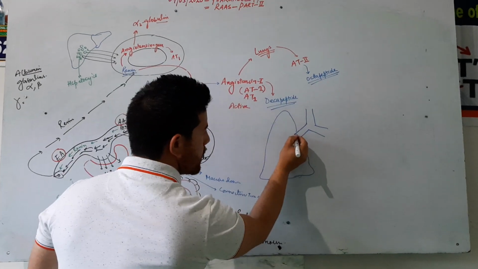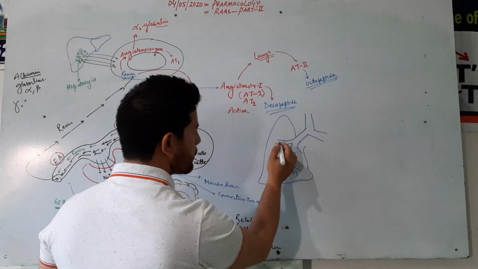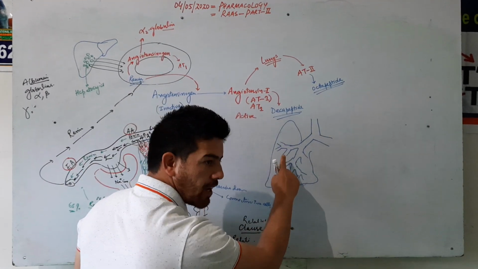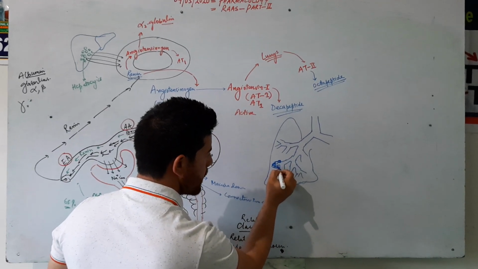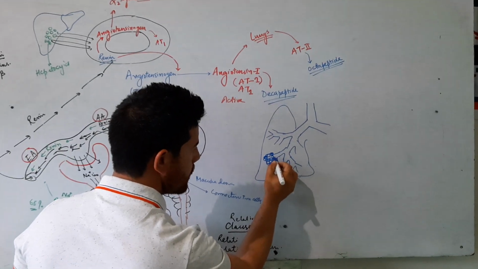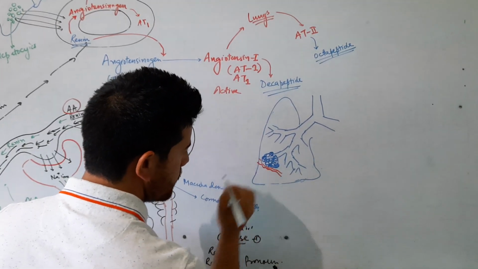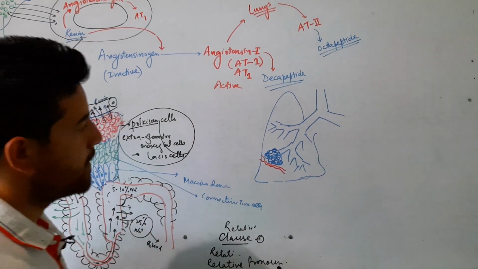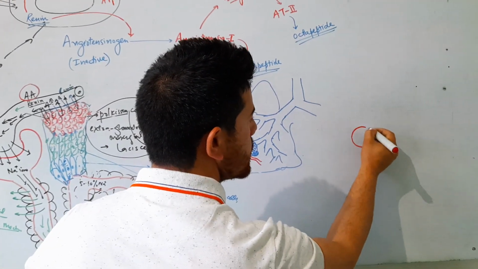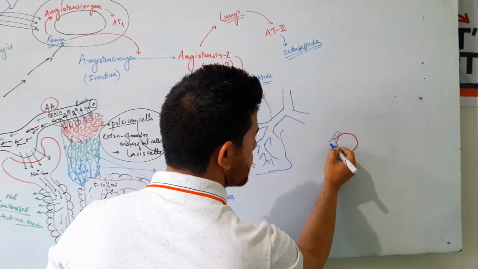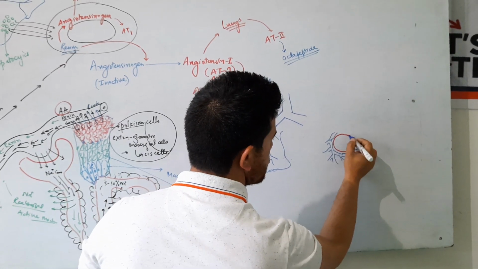Inside the lung there are various bronchioles, and you know that every bronchiole has alveoli at the tip. And there is a capillary network outside the alveoli. For example, if I take one alveolus here, outside it there are various capillary networks.